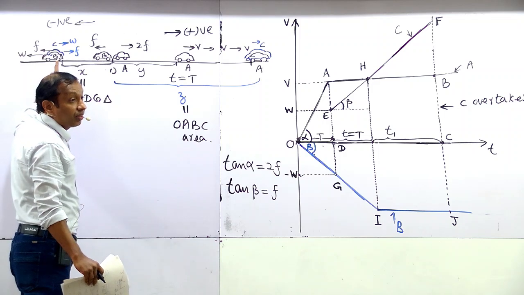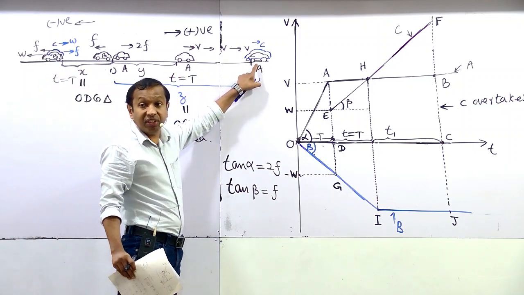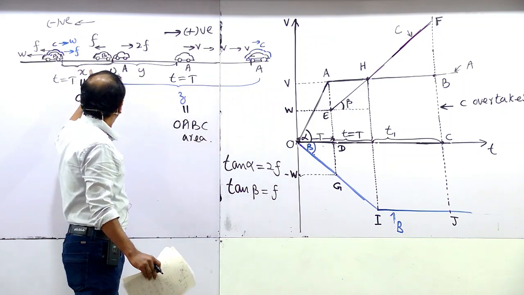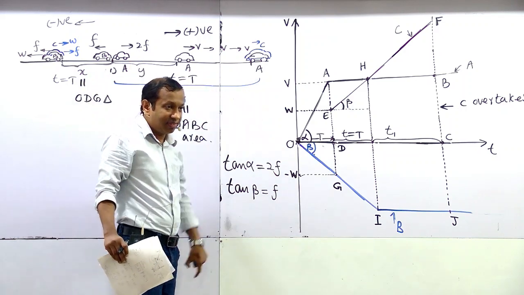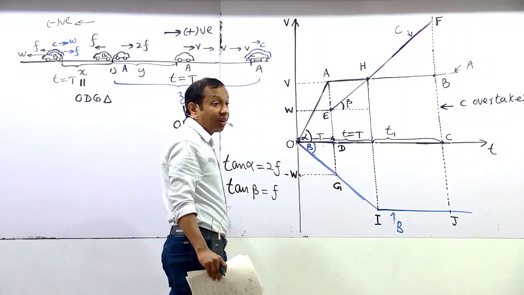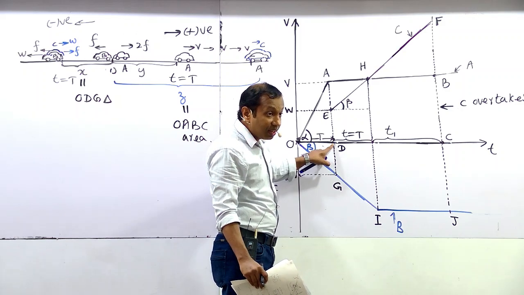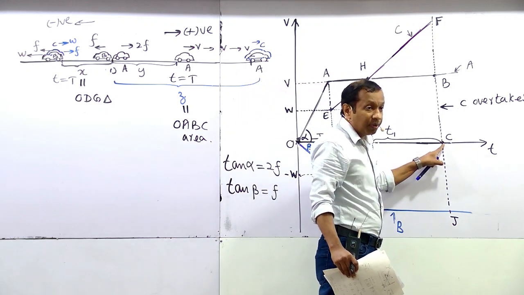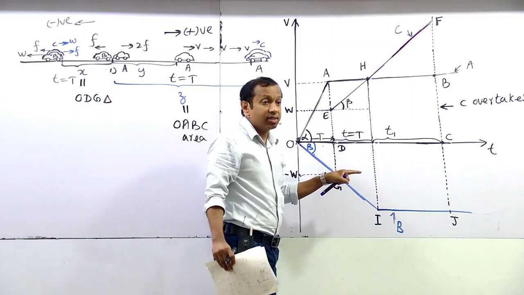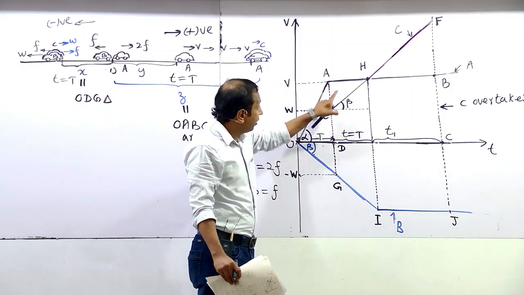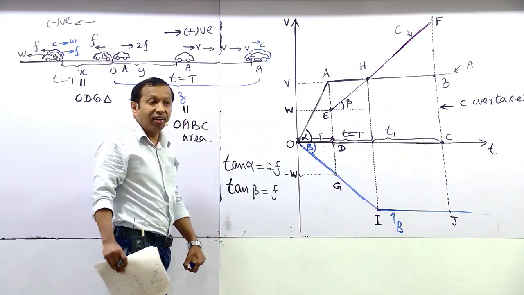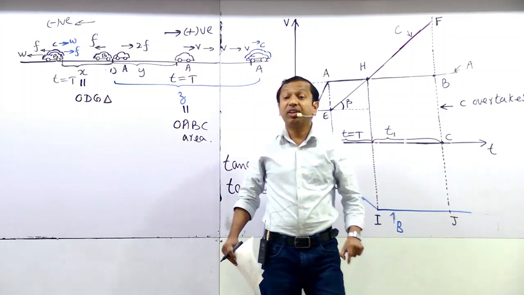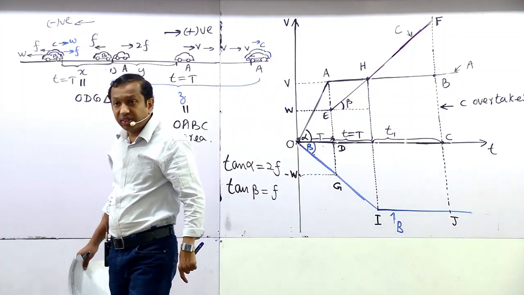Now we told what? When this C overtakes this A, C must move a displacement X plus Z. But we know the displacement traveled by C, its motion starting from this moment. Overtaking is happening here. Then the total distance traveled by C is going to be DEFC area. Am I correct? Right. So therefore, this DEFC area should be equal to what? X plus Z. Am I correct? Okay.